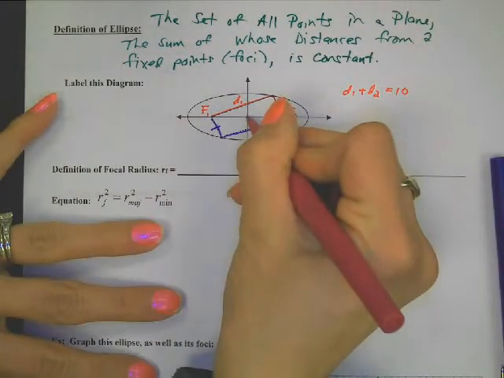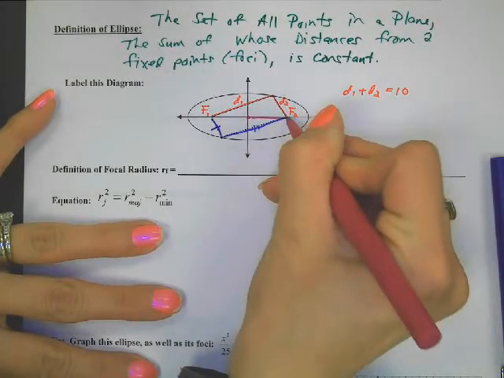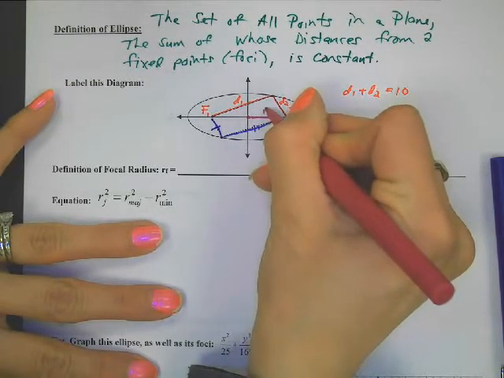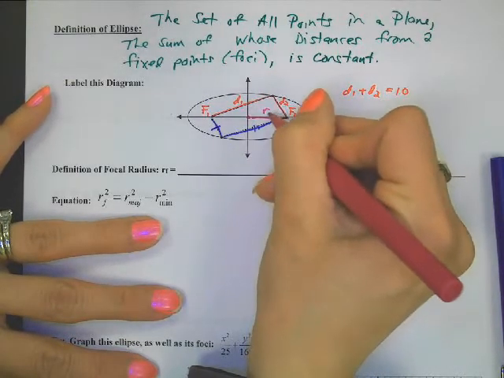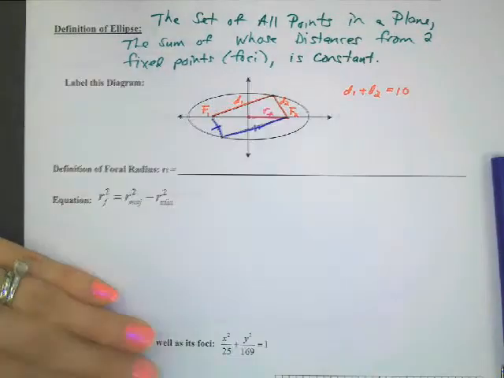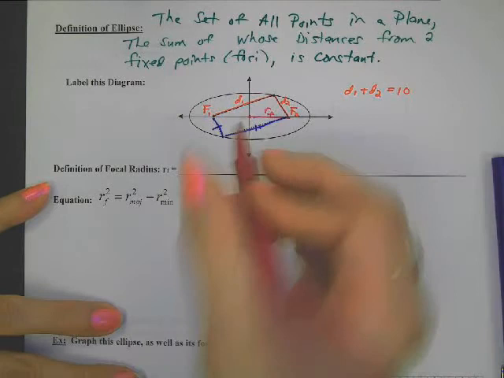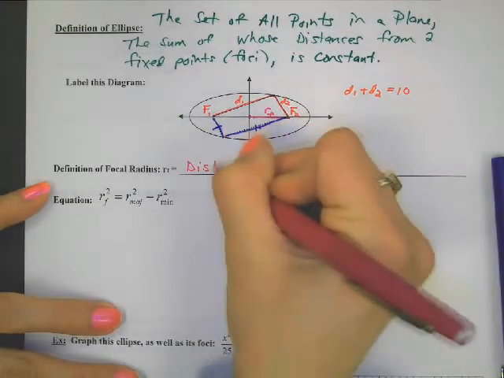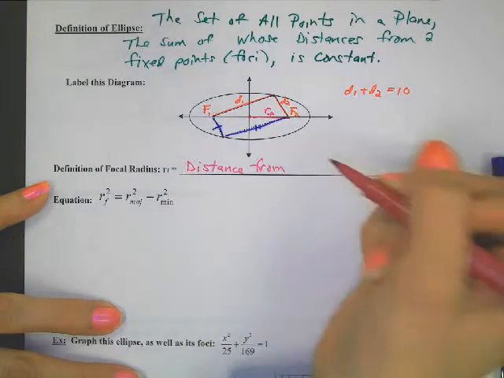We have something else too. If you start at the center of the ellipse and you go a distance to the foci, that's going to be called r. It's a radius, but it's not r sub x, it's not r sub y, it's r sub f. So that's something new we're going to talk about today. So the definition of focal radius, r sub f, is the distance from where to where?